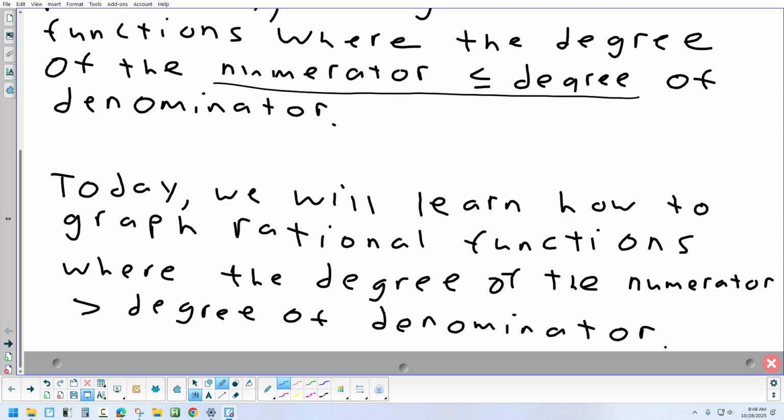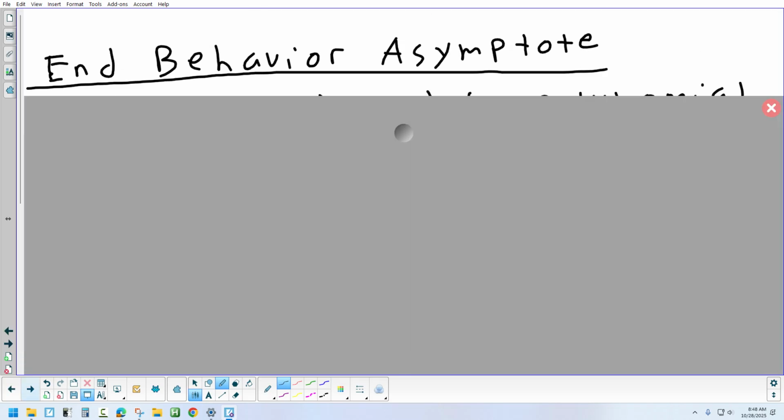You can get a hole in the graph. But yes, in general, the vertical asymptotes are when the denominator is 0. So because we have a degree in the top that's now bigger than the bottom, we have a new thing. Okay, this is something we haven't talked about before. It's called an EBA, not EBM. Okay, end behavior asymptote.